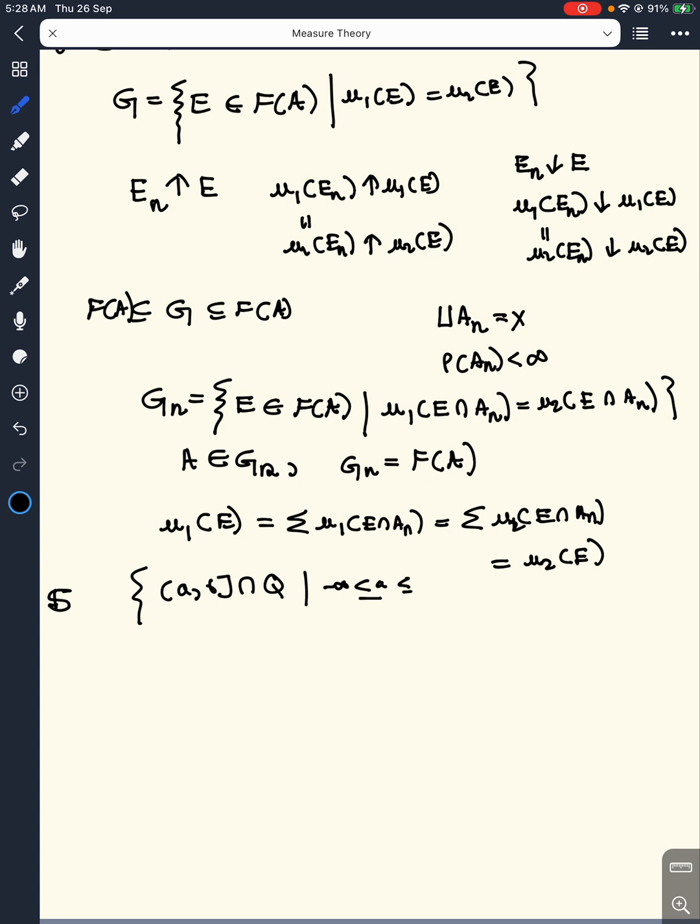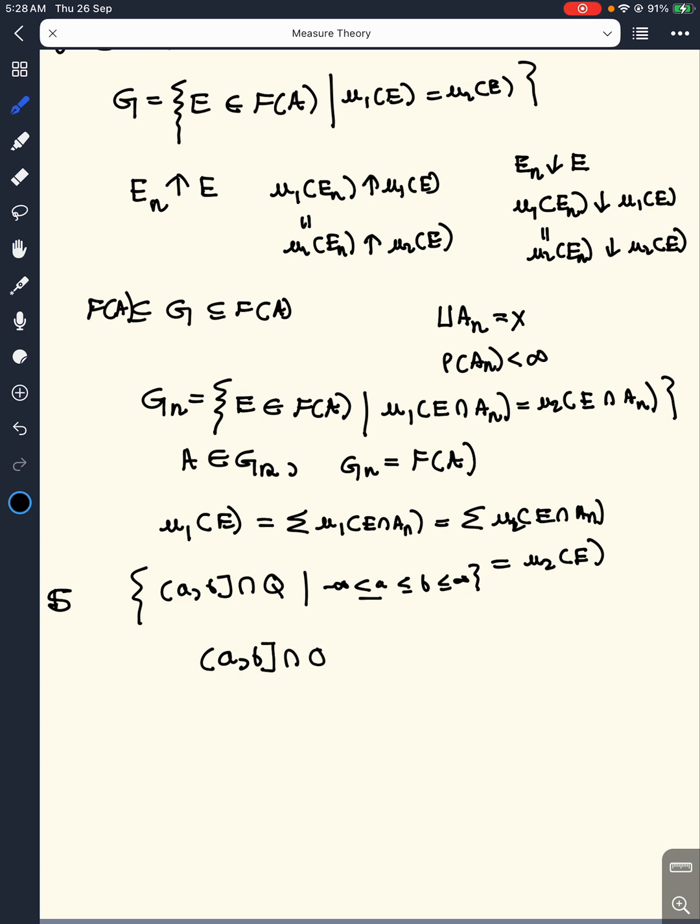Intersection is trivial, but the complement part is what makes it harder. Let's see.